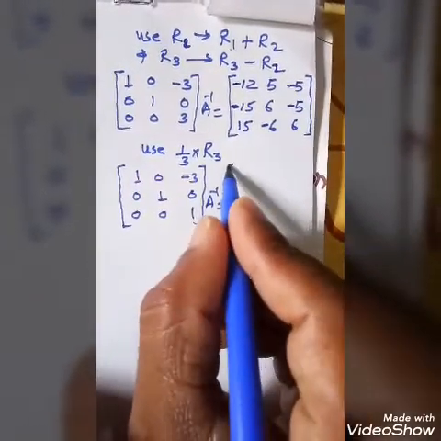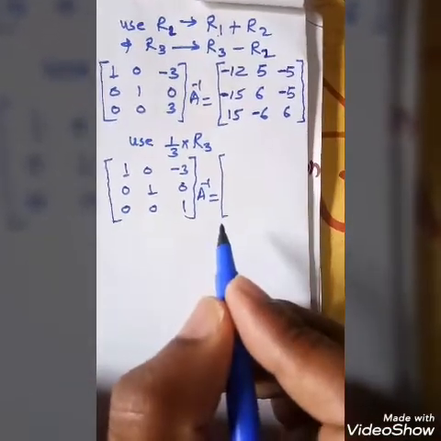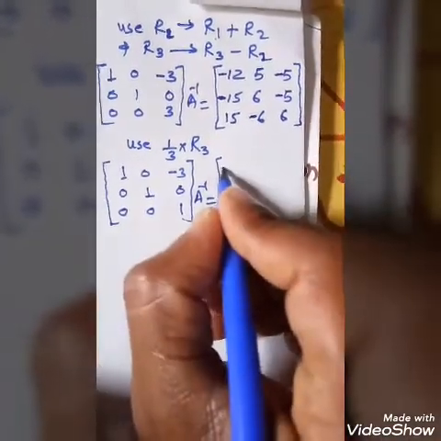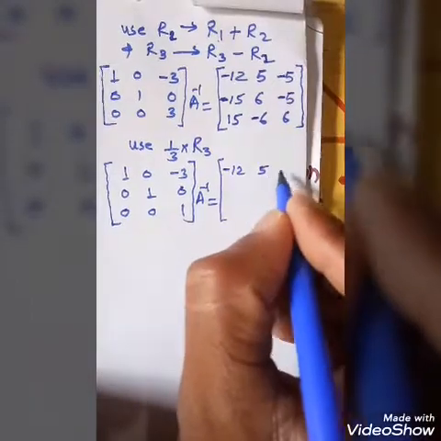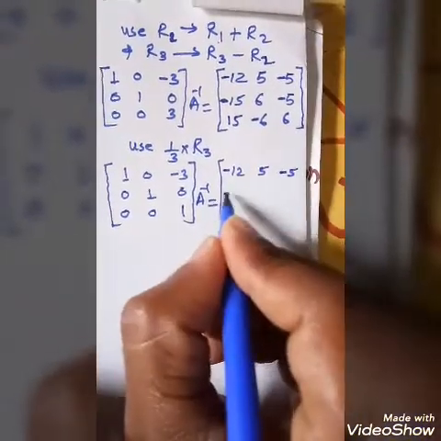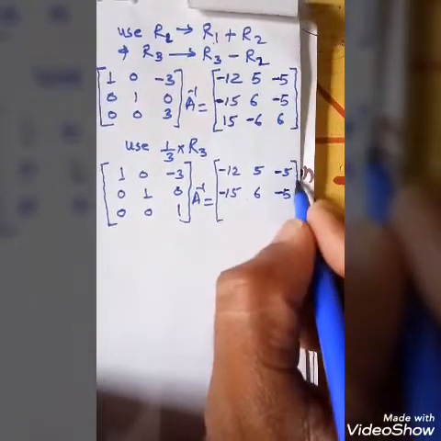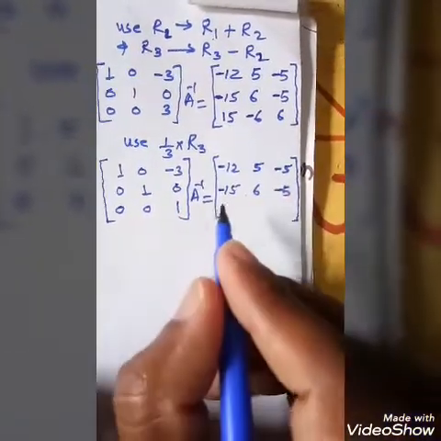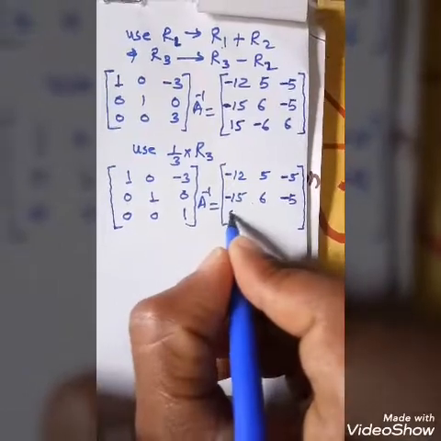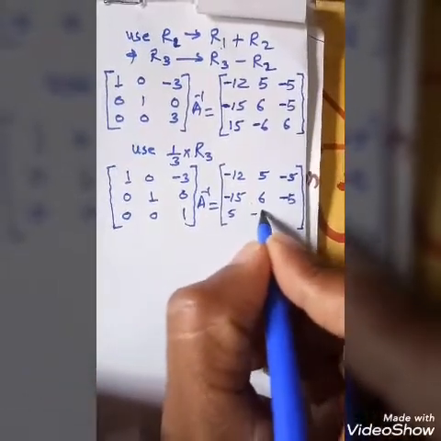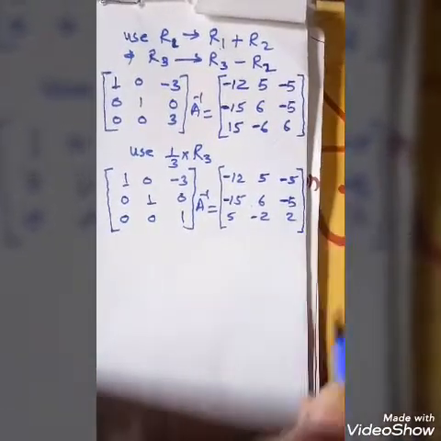The same operation is performed on the right hand side. First row as it is: 12 5 minus 5, minus 15 6 minus 5, and third row divided by 3: 3 5s are 15, 3 2s are 6.